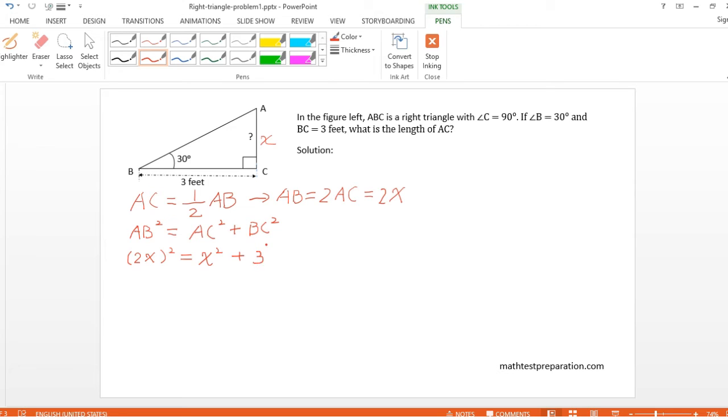BC square is 3 square. 2x square equals 2 square multiply x square. 2 square is 4, multiply x square, equals x square plus 3 square, which is 9.